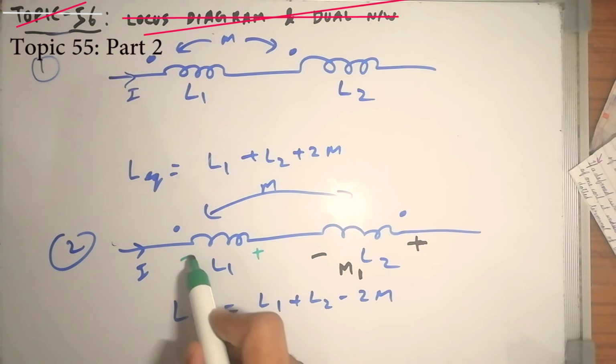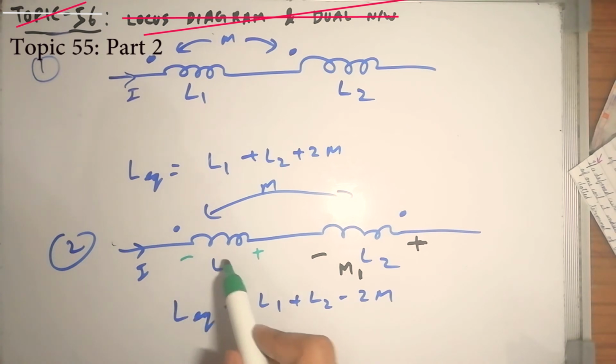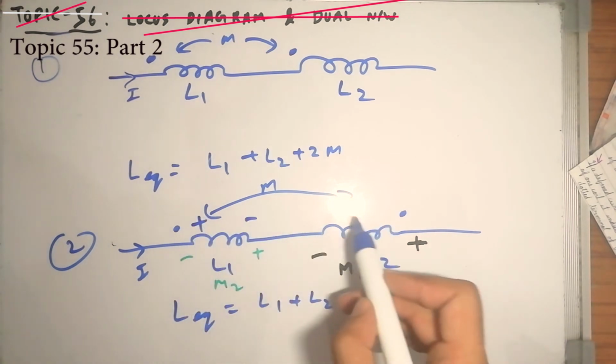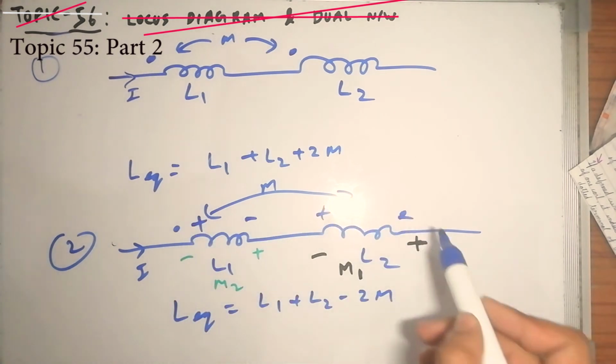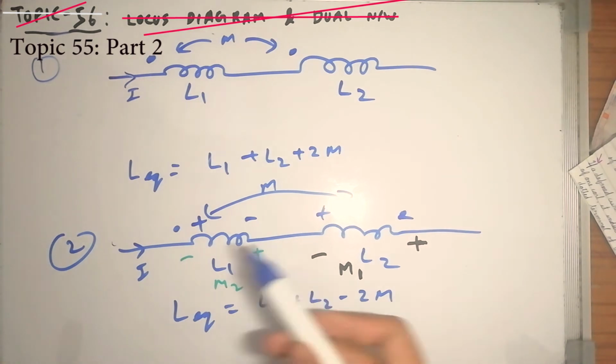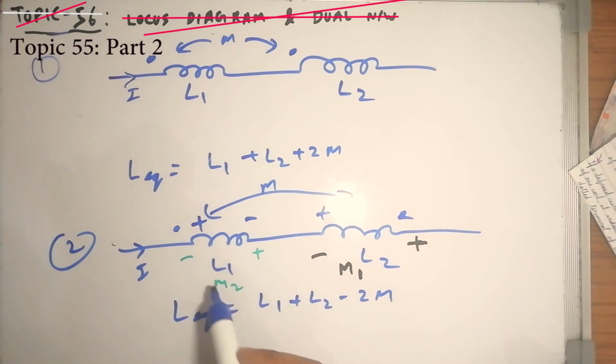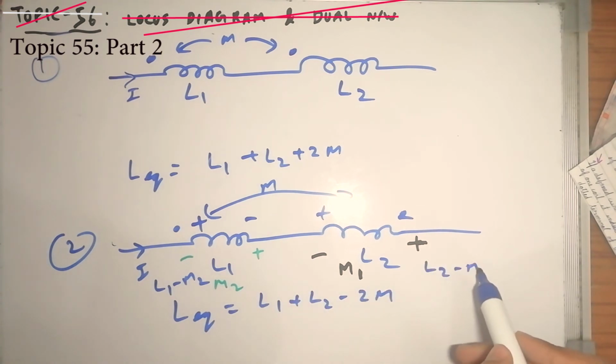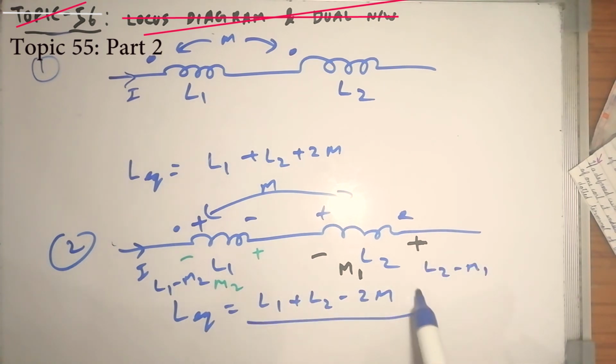So the mutually induced EMF due to this coil will be M2 in this polarity, and we know that the self-induced EMF polarity will be plus minus. If you apply KVL again, you will find that L1 minus M2 and L2 minus M1 come out, and then you add, so you will get this expression.